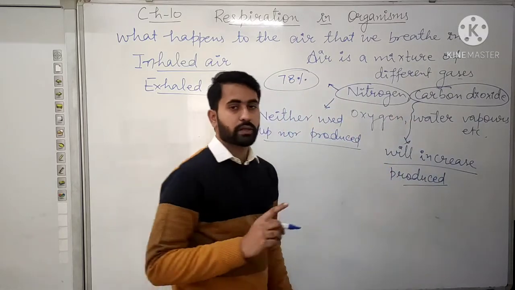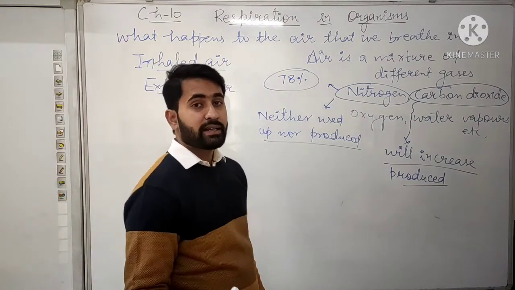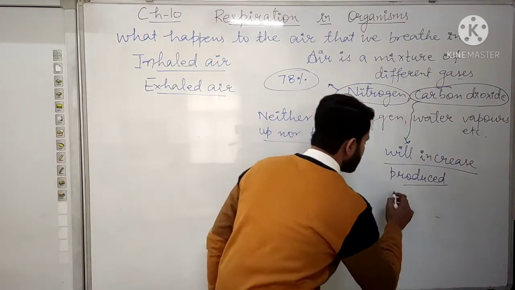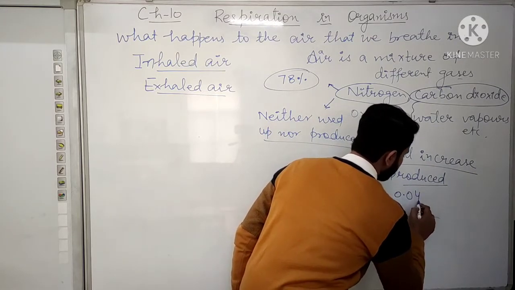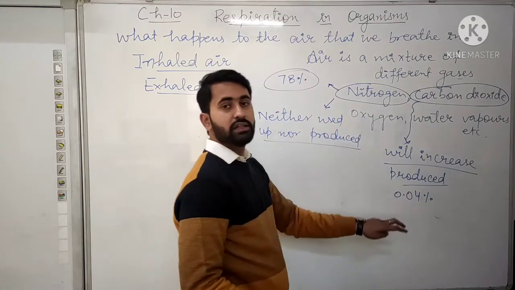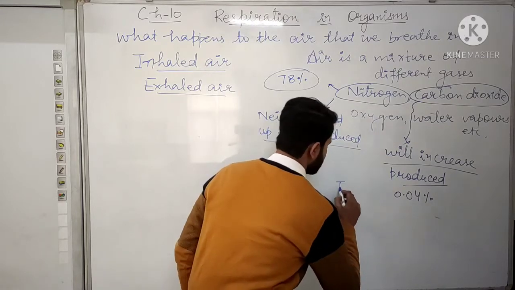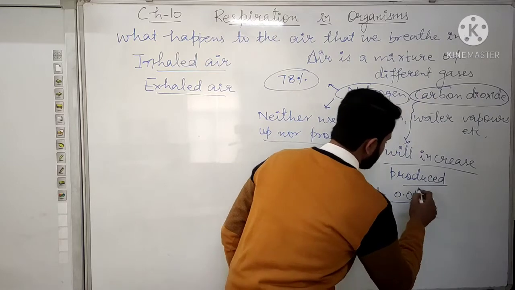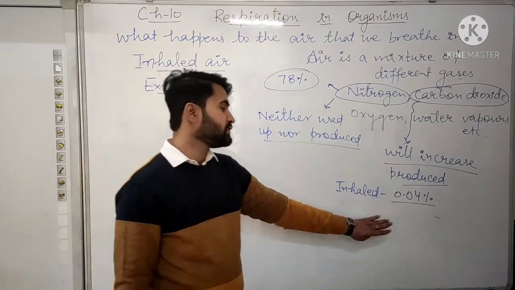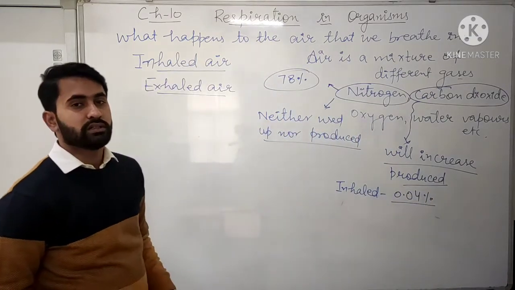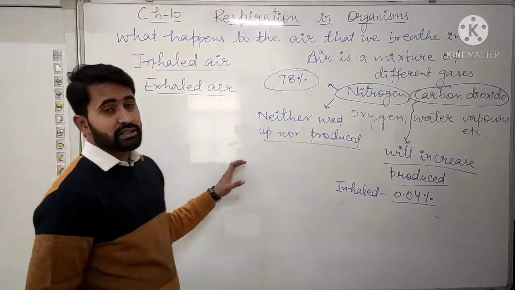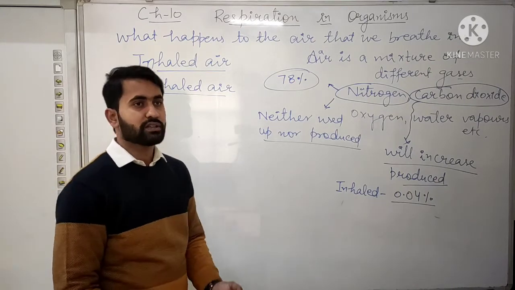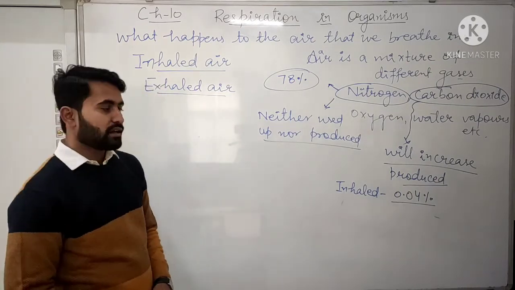It is getting produced. Now the carbon dioxide present in the inhaled air is 0.04%. Okay, in the inhaled air, the amount of carbon dioxide is 0.04%. During respiration, carbon dioxide is produced that gets mixed with the exhaled air and comes out.